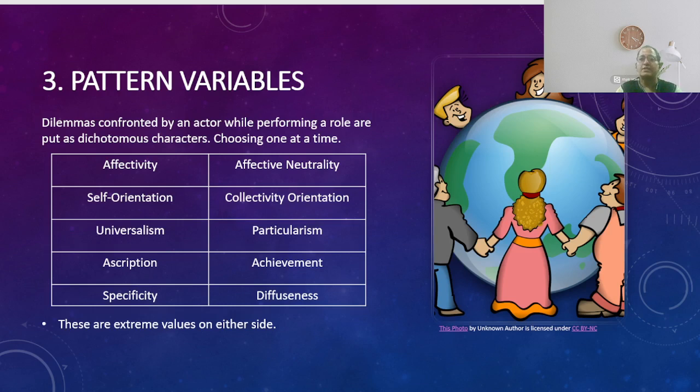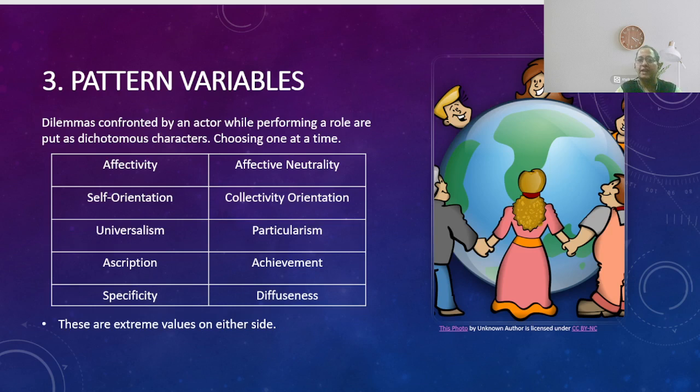In the second point, that is self orientation, and on the other side, this is collectivity orientation. On the first side, this is universalism, whereas on the opposite side, that is particularism. First side, that is ascription. Second side, that is achievement. First side, specificity, and on the second side, that is diffuseness. Now say these are the extreme values on the other side, okay?